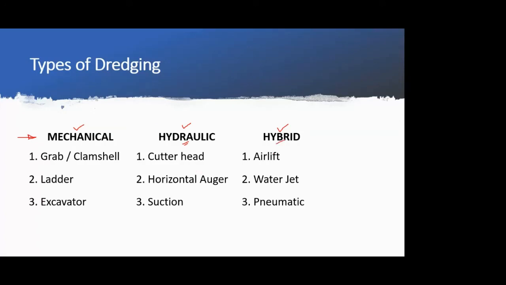Okay, and hybrid, obviously from the name again you can guess. Hybrid will be a combination of two different types, either mechanical and hydraulic, or hydraulic and some other concept altogether. So that will come under the hybrid kind of dredging. And then under each type, you have the three types that I mentioned.